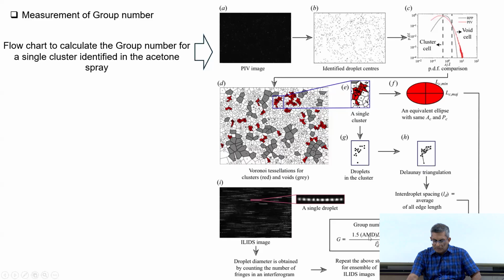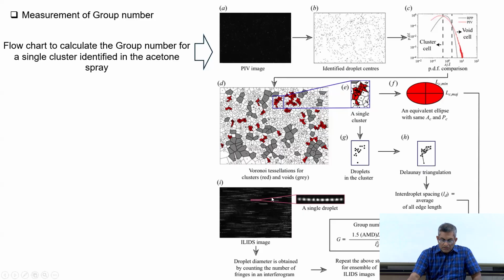We also need the average size of the particles or droplets, which we can get from ILIDS or any other technique. In this case, the measurements have been taken at the same location using both PIV and ILIDS, so that also gives the local size. Finally, you calculate the group number.